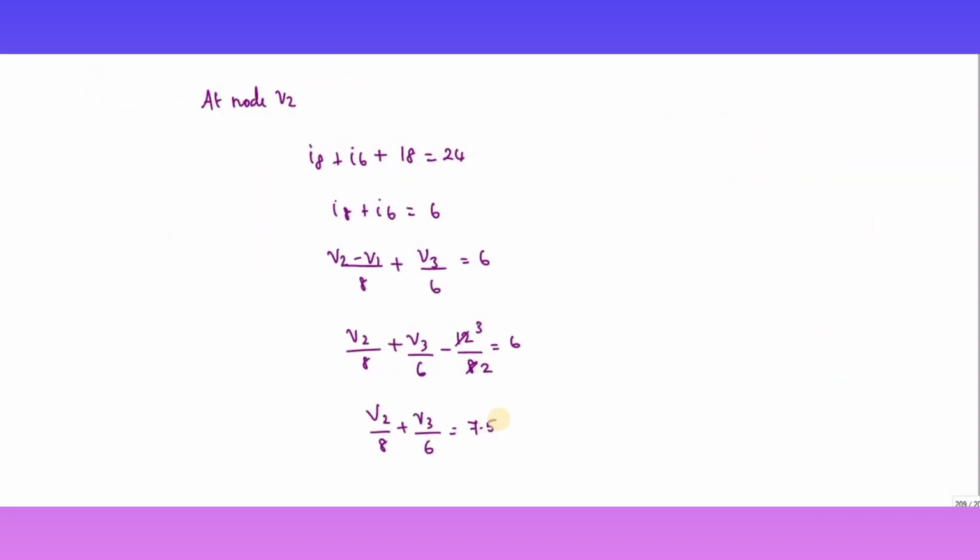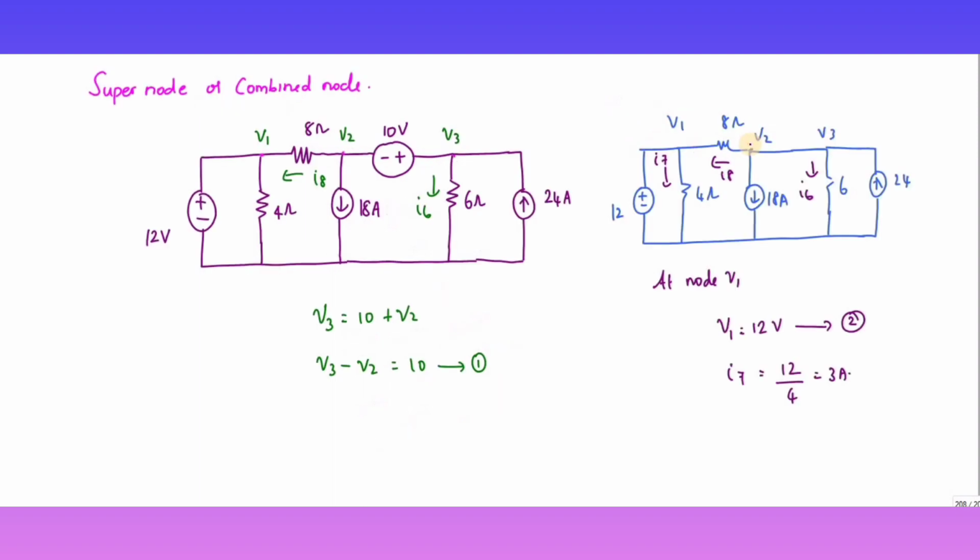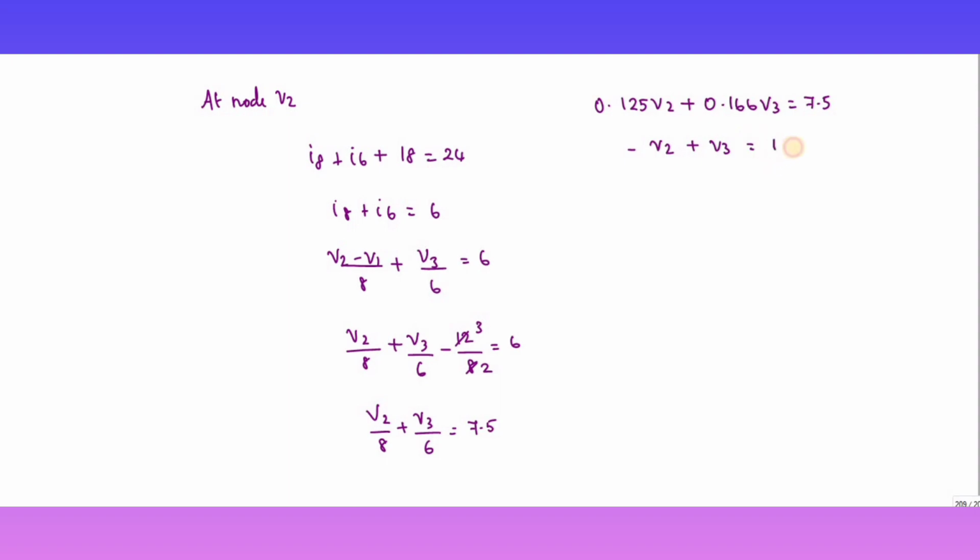What is 1 divided by 8? 1 divided by 8 is 0.125 V2 plus 1 divided by 6 is 0.166 V3, that is equal to 7.5. And we know that V3 minus V2 is equal to 10.